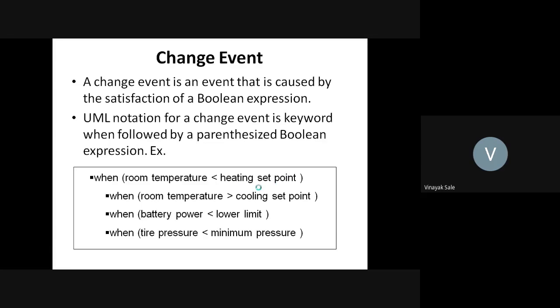Or a second example, when room temperature is greater than cooling set point. A third example, when battery power is less than lower limit, or when tire pressure is less than minimum pressure. These are examples of change events from one state to another state.